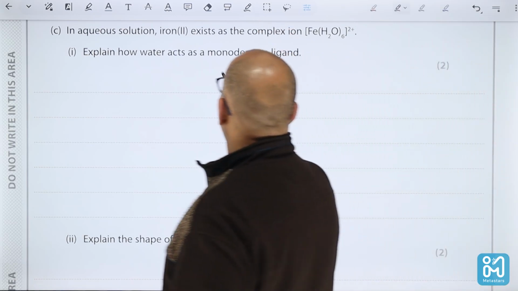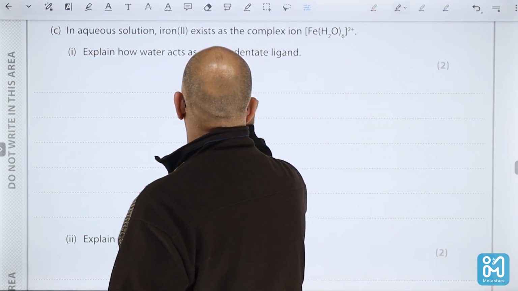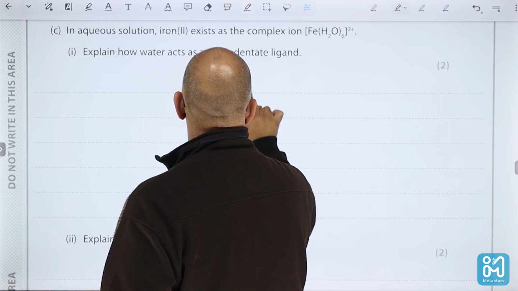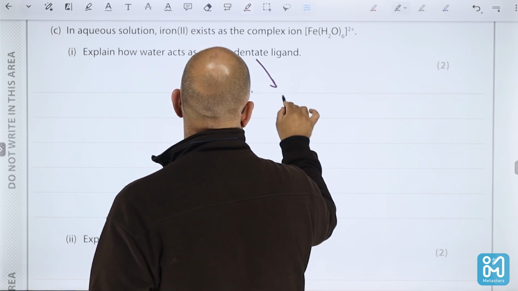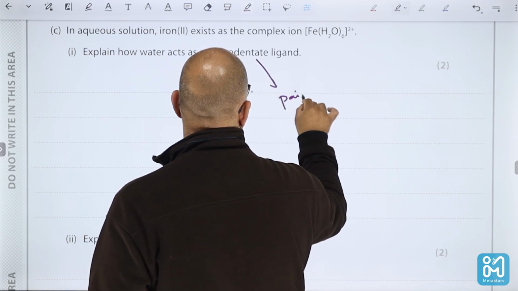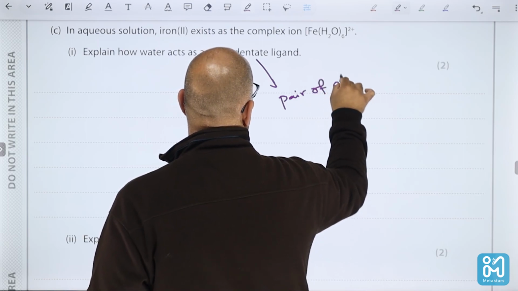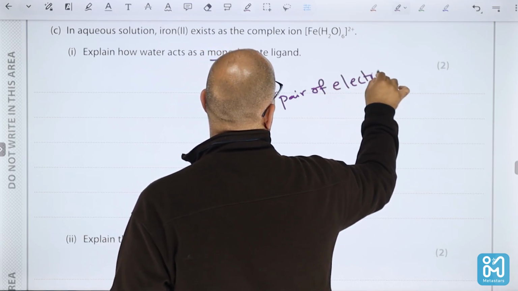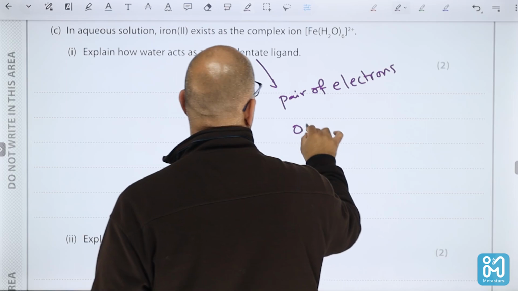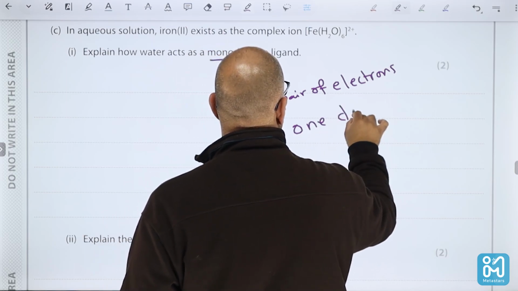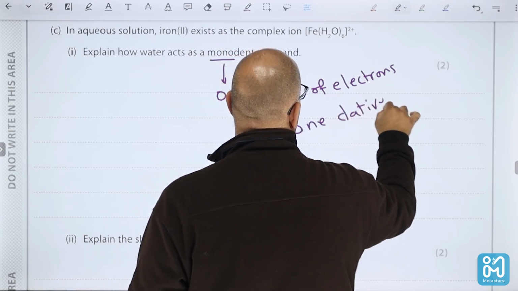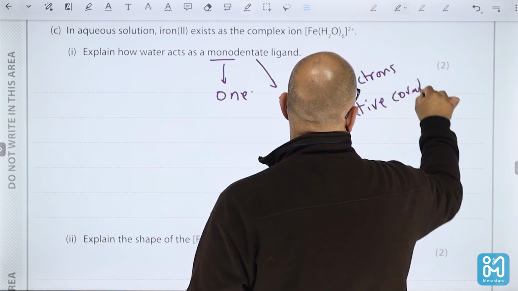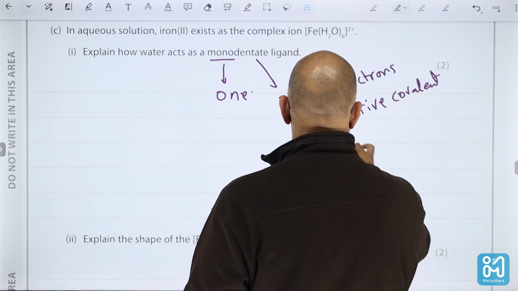Okay, to explain this, the term mono means one, dentate, so it can share a pair of electrons, or it can do only one dative covalent bond.